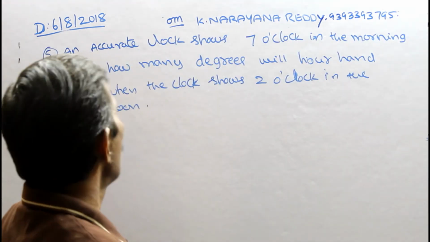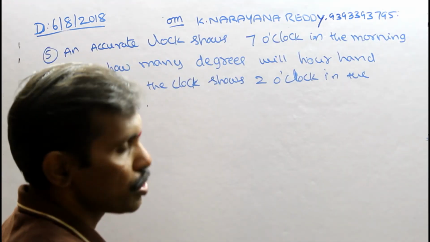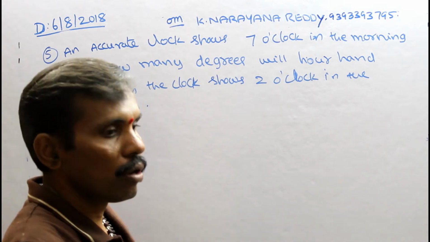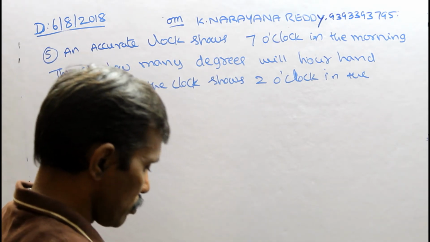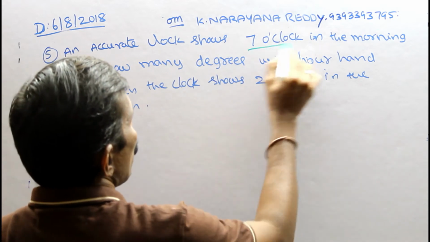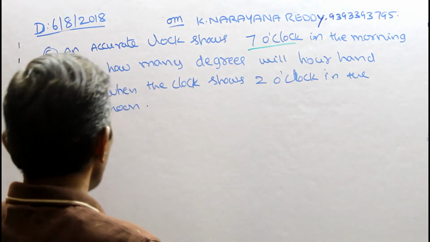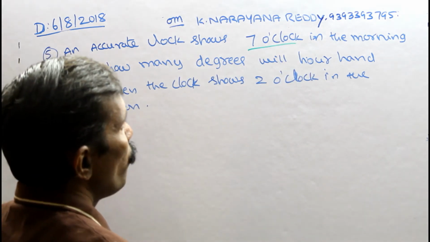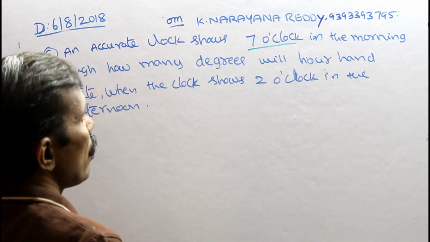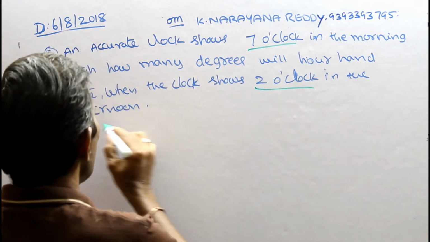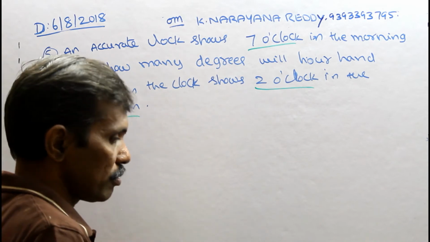Problem. An accurate clock shows 7 o'clock in the morning. Through how many degrees will the hour hand rotate when the clock shows 2 o'clock in the afternoon? That is important.